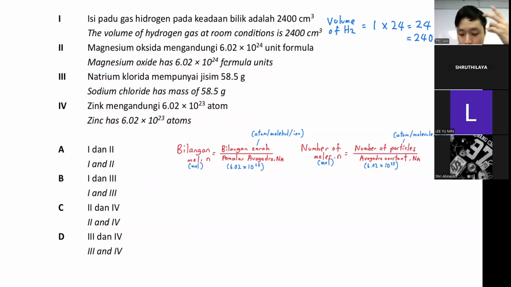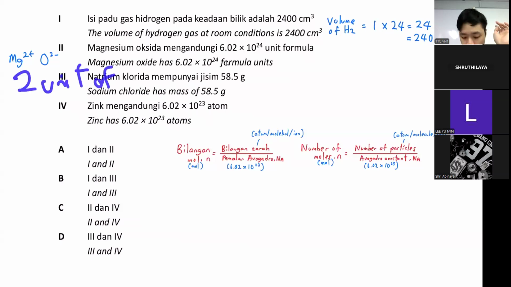I mean, it has 2 ions inside. Because magnesium oxide, you have 1 Mg2+ and 1 O2- to cancel out each other.